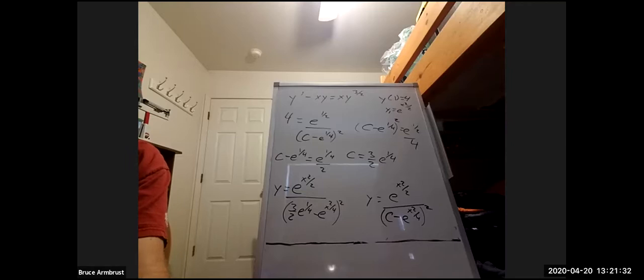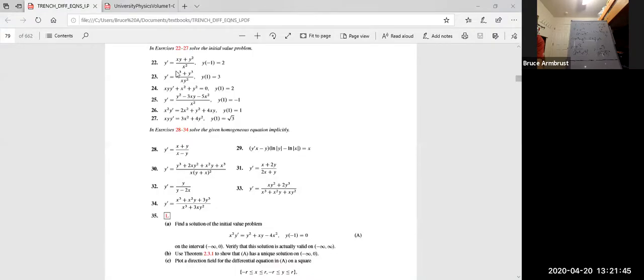So let's go take a look at number 29. Going to go back to share screen again. All right, so for 29, we've got another differential equation here, and it says we want to solve the given homogeneous equation implicitly.